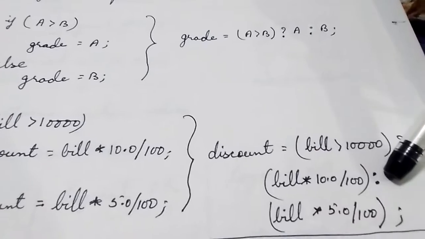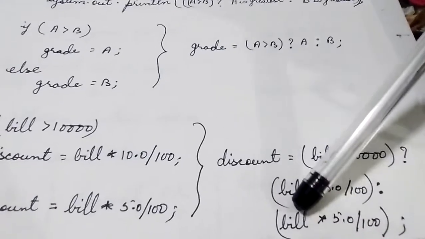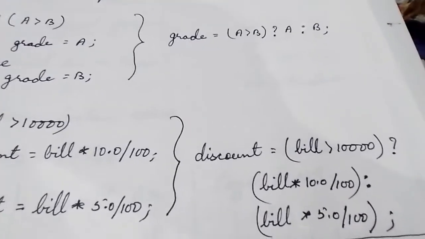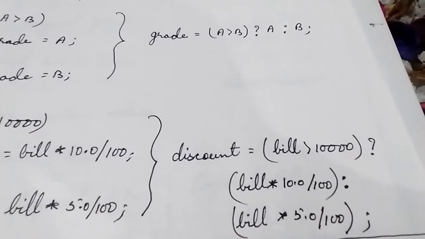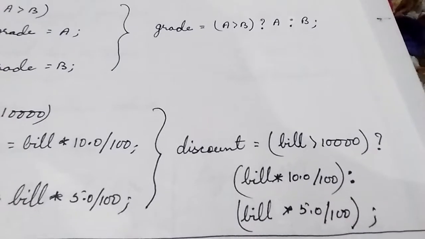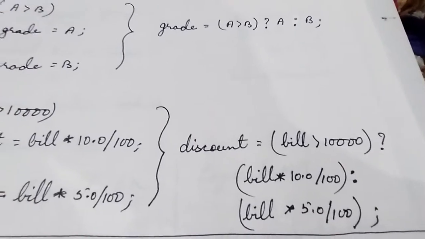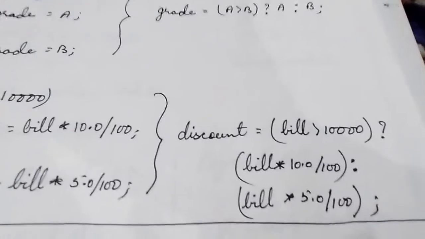Else, after the colon, 5% will be evaluated. Now the user has to give input for the bill value, then only this equation will be solved. So to solve this program, we have to take input of the bill value, then only can we generate the answer.